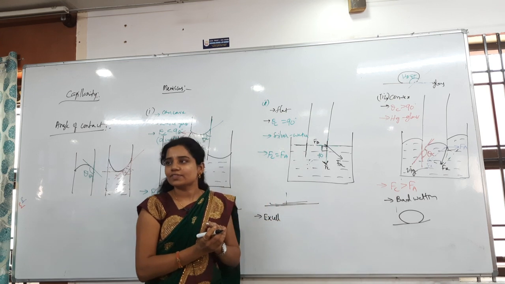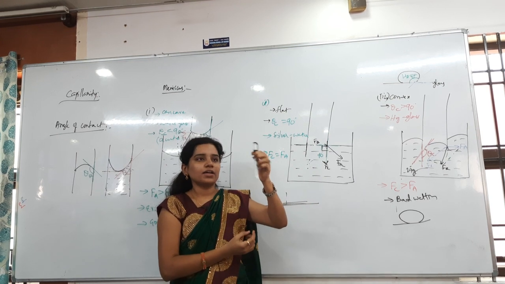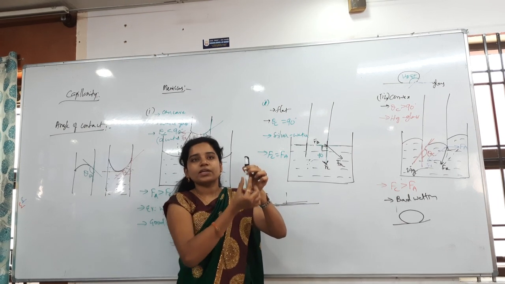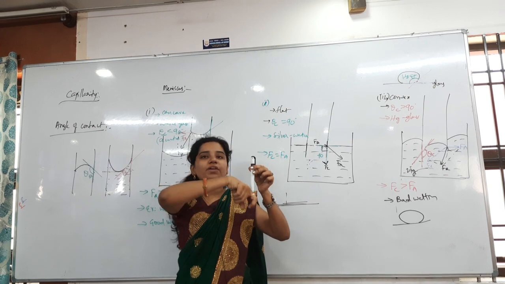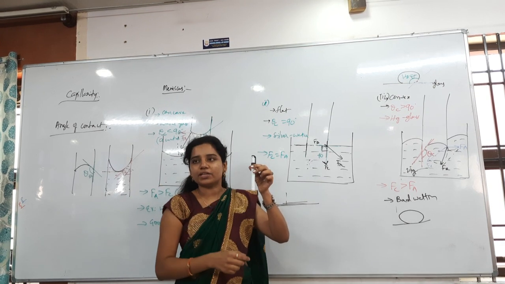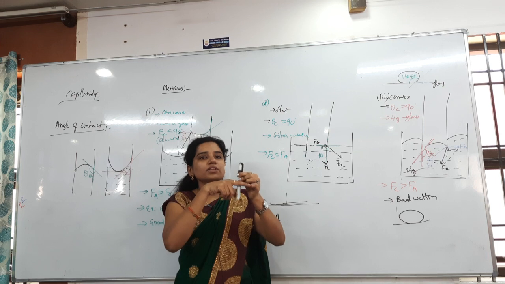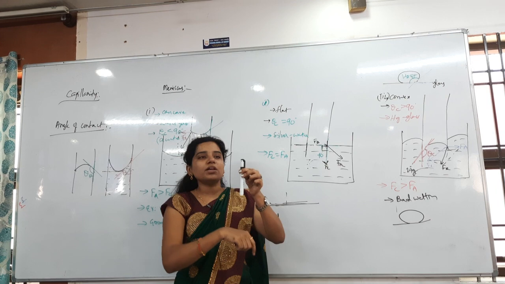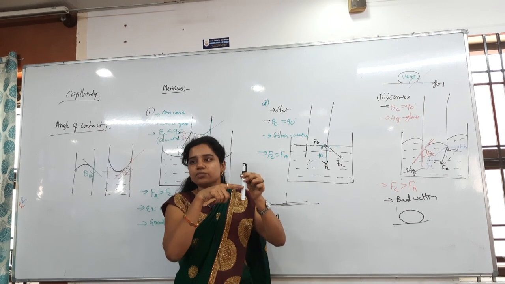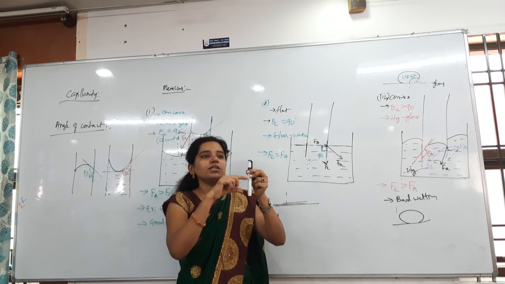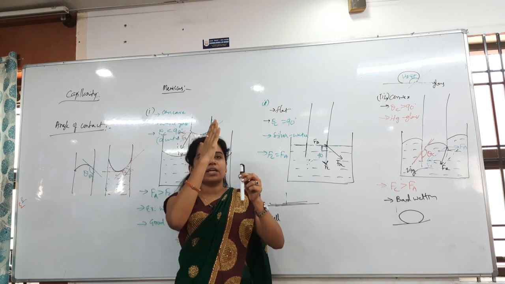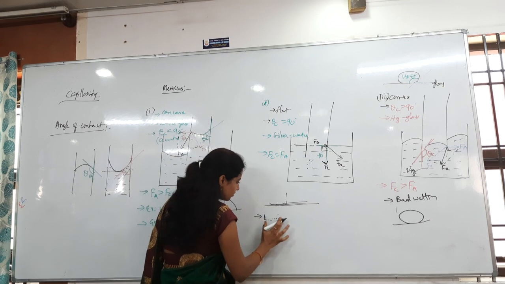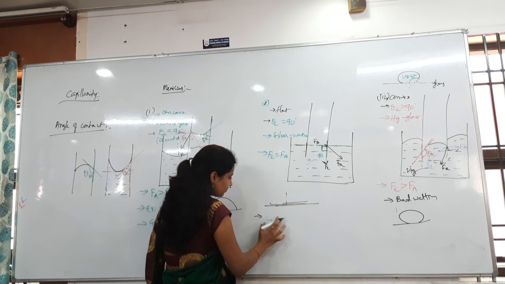In the first case the water is trying to go along with the tube, and in the second case the mercury is trying to go away from the tube, so that is good wetting and bad wetting. This one is exactly in the middle. Going up means wetting, going down means not wetting. As far as the liquid is there, it will wet the glass. It can neither go upwards nor go down, so I cannot say it is excellent, it is a normal wetting only. I have taken it horizontally and then assumed.